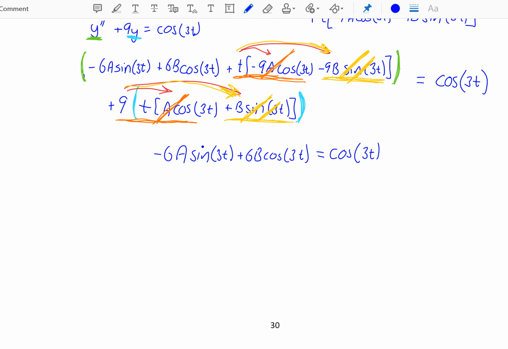And so if we're comparing our coefficients, negative 6a, the coefficient of sine, has to match the coefficient of sine on this side. And there isn't any. So maybe you could say there's a 0 sine of 3t. But it's telling us this has to be 0. And 6b has to equal the coefficient of cosine, which is 1. Which tells us a has to be 0 and b has to be 1/6.